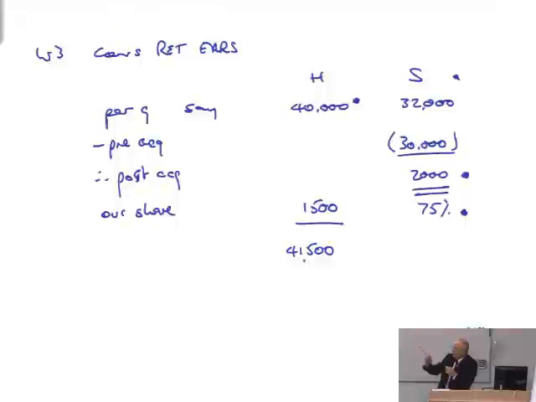So these retained earnings figures of 40 and 32 have not suffered any goodwill impairment. But we need to impair. We know we have impaired by 700.